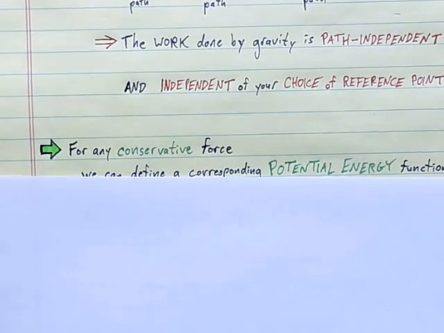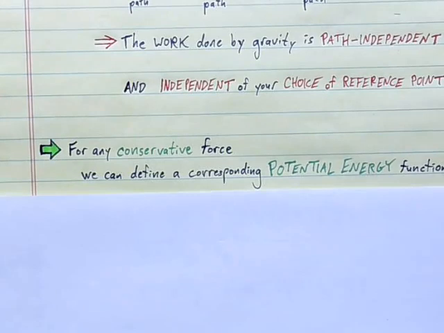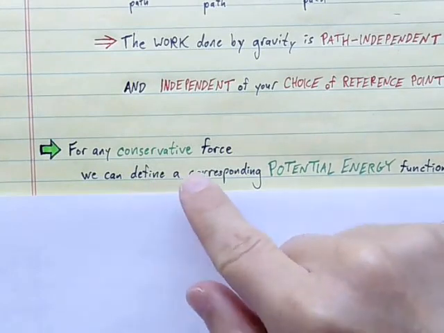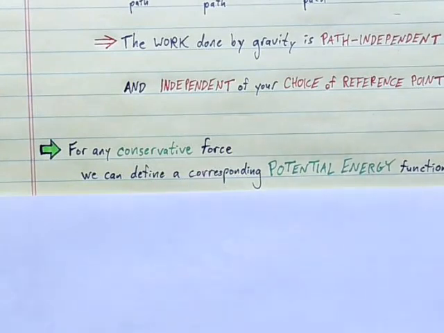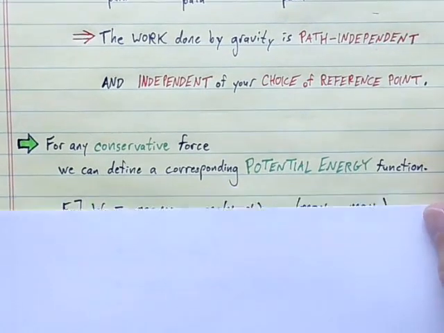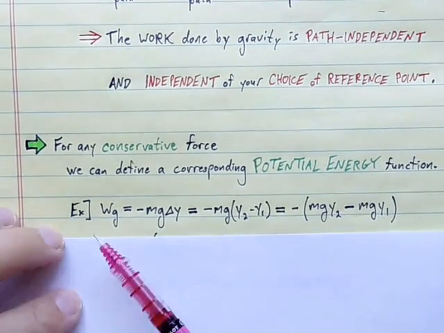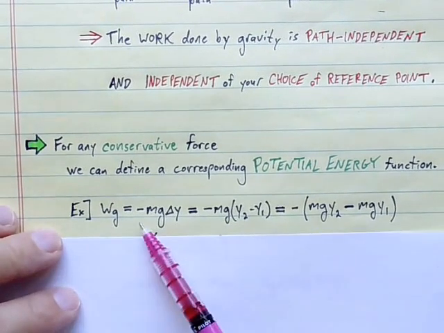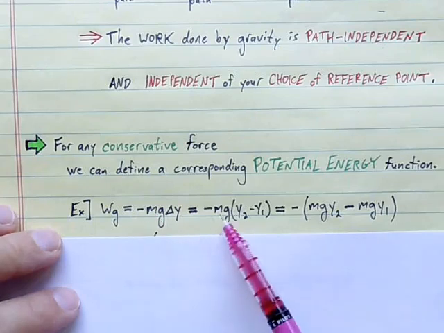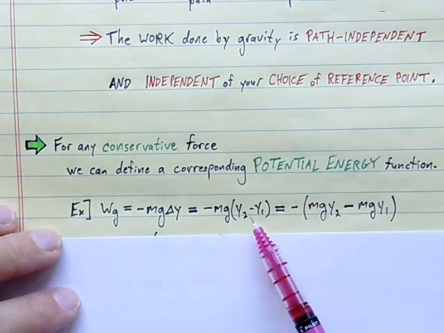Okay, I'll make some more points about conservative forces here using gravity as an example. For any conservative force, we can define a corresponding potential energy function. For instance, here with gravity, the work done by gravity is given by this expression here, which is minus mg times final y value minus initial y value.